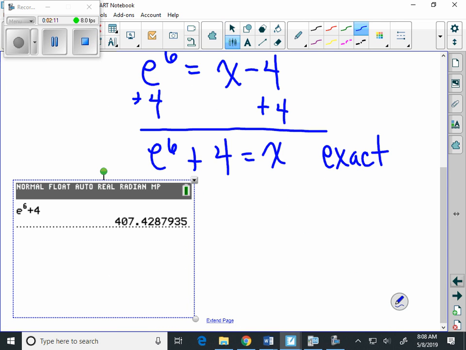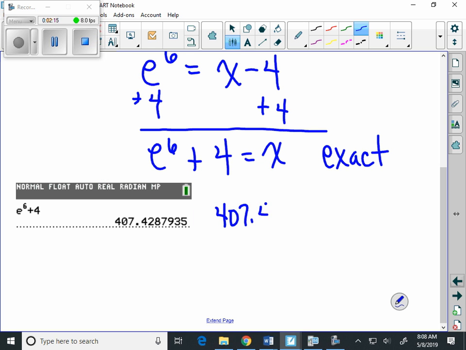So our rounding is going to be 407.429, because we're looking at the 7 to determine what to do to the 8. And since 7 is 5 or higher, we're going to round that number up. Remember, in 0.429, the 4 is the tenths, the 2 is the hundredths, the 9 is the thousandths, the third decimal space. So there is the x, which is the approximate form.